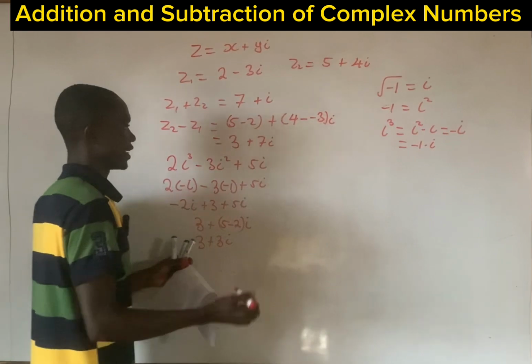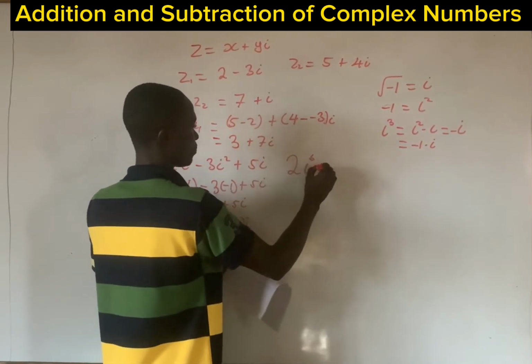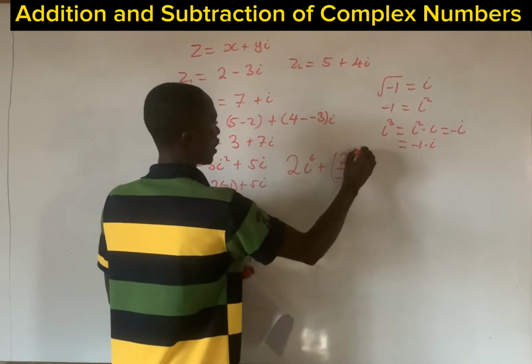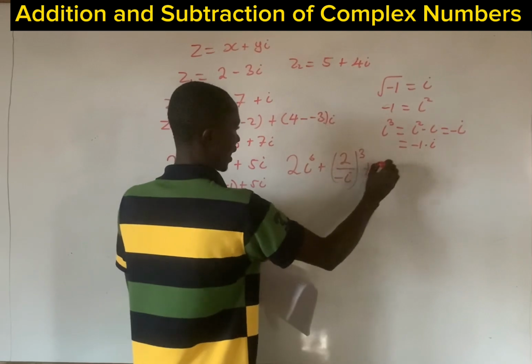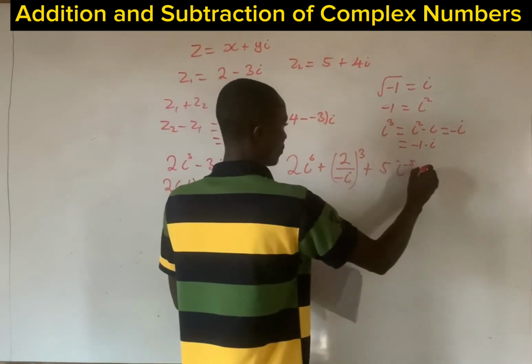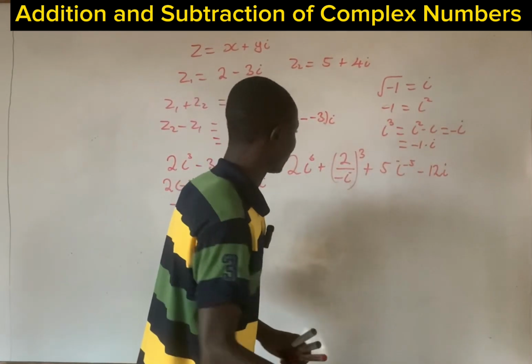Now, what about this one? If I have 2i to the power 6 plus 2 over -i to the power 3 plus 5 times i to the power -5 minus 12i, how do I simplify this one?